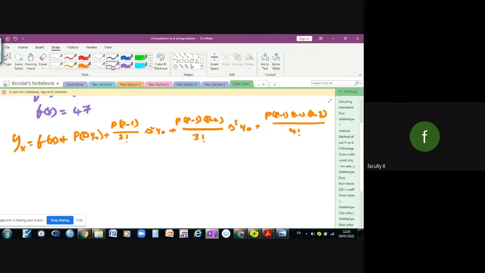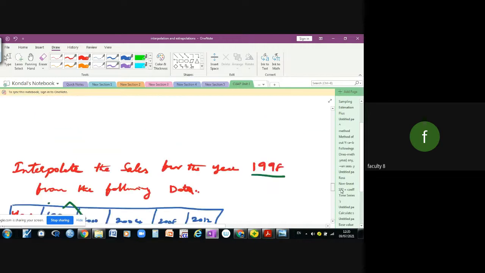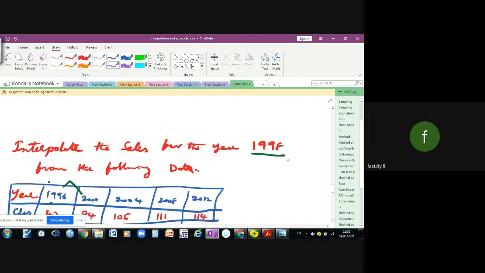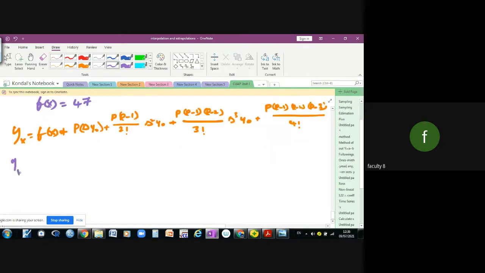Here, y of x, in which year we are going to find out, that y is equal to 1998, right? In this question, 1998. We should write y 1998 is equal to f of x. We found the f of x value, that is called y0, that is 47, plus P value.